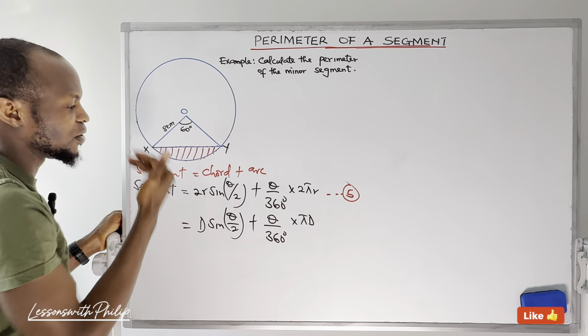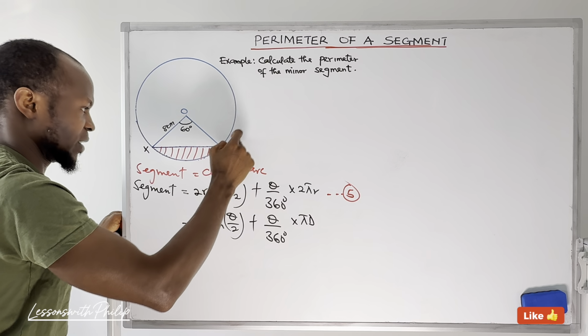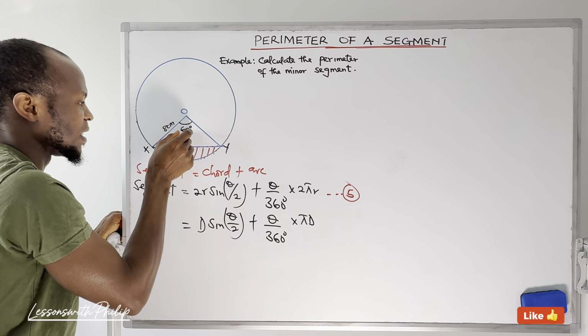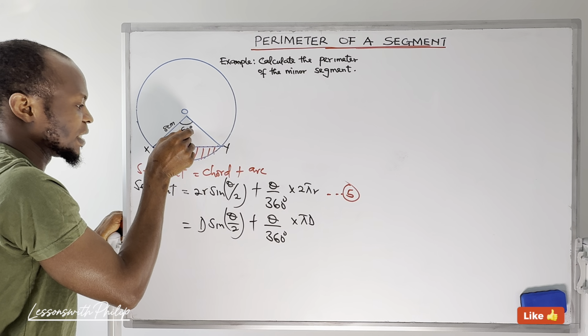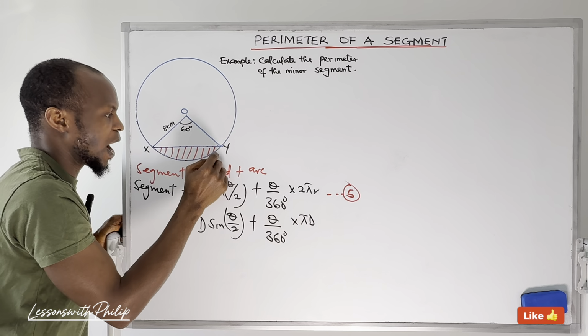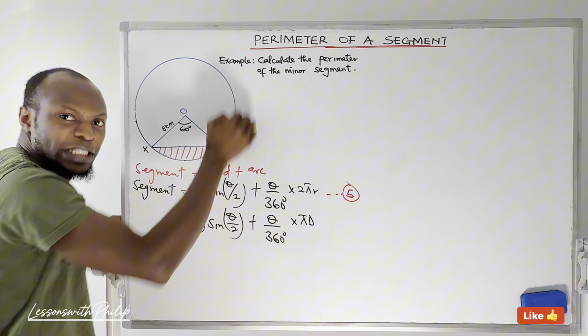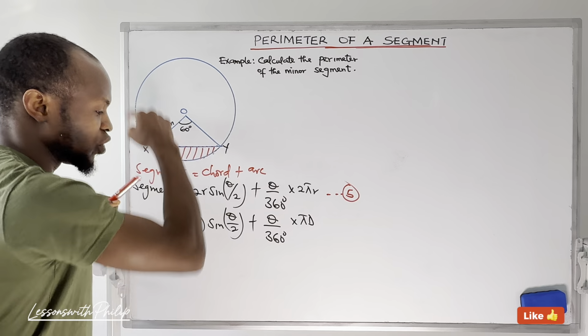If we have to find the major, it's the same way, but the angle will be different. The angle is the one subtended by this minor arc, so for the major you have to use the major angle that subtends the major arc.